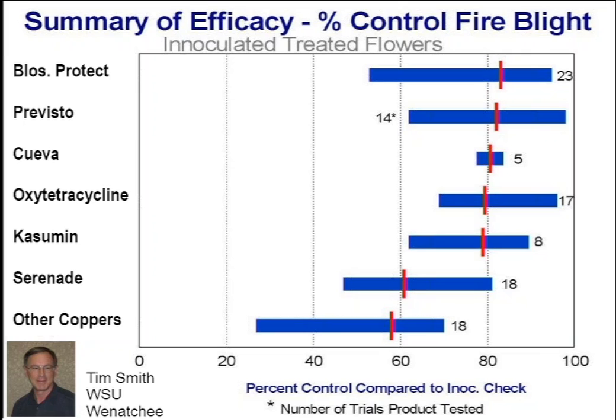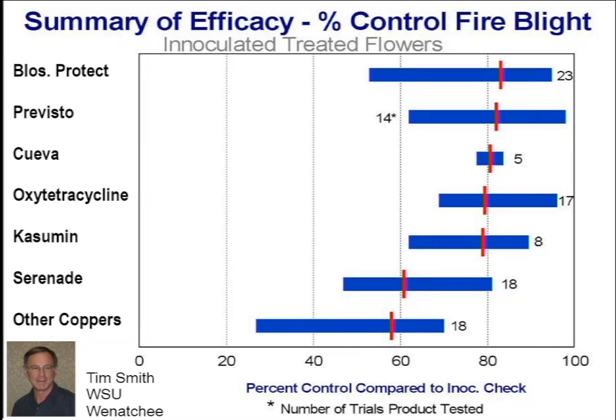And the red hatch is the average of those results. And so you can see that oxytetracycline, the fourth bar down there, is the standard that we've used for years as an effective product that will control fire blight in nature very well.